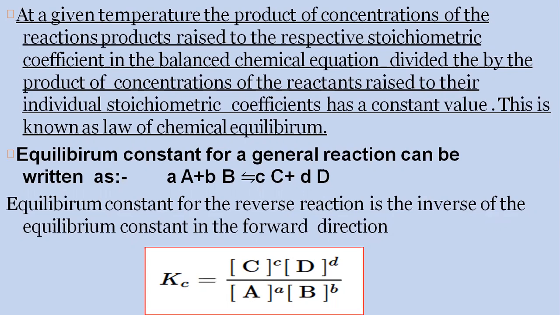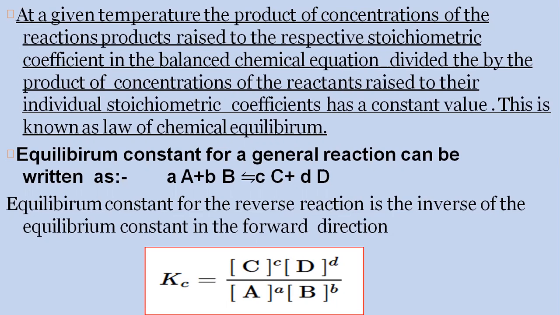Whatever number you see before the symbol of your compound when you balance the reaction, you raise the concentration to that power, just above the big bracket. So this is the representation of the equilibrium constant, where A and B combine to form C and D with the moles of small a, small b, small c and small d.